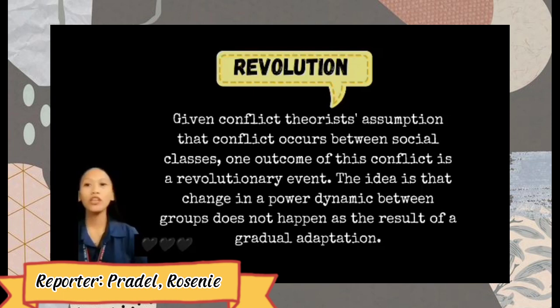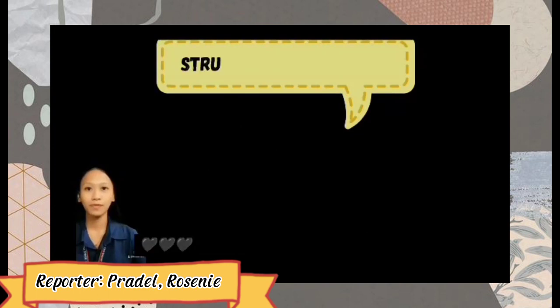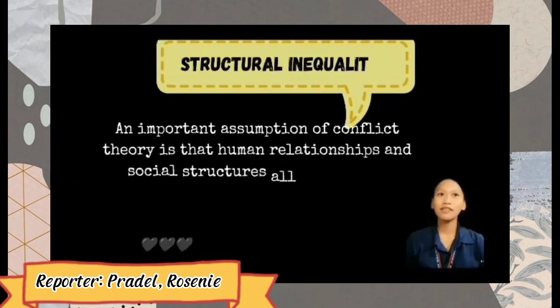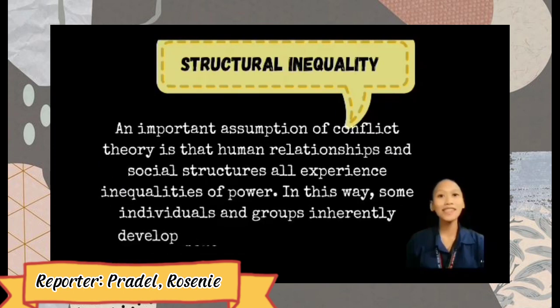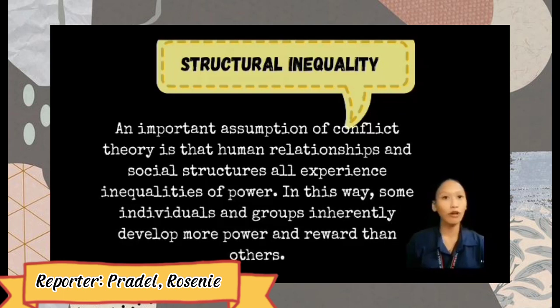In this way, changes to a power dynamic are often abrupt and large in scale rather than gradual and evolutionary. The third one is structural inequality. This is an important assumption of conflict theory because human relationships and social structures all experience inequalities of power. In this way, some individuals and groups inherently develop more power and reward than others.